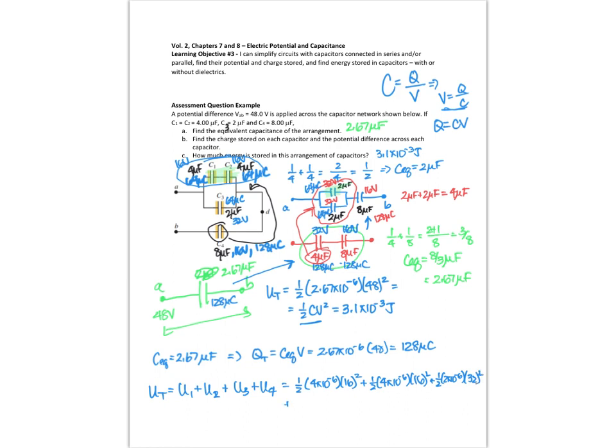And then finally, for capacitor 4, it was a capacitance of 8 microfarads, and its potential difference was 16. And I want you to notice that when I add all these numbers together, I get 3.07 times 10 to the minus 3, which is basically 3.1 times 10 to the minus 3 joules, which is exactly the same as the value I got here using the equivalent capacitance.